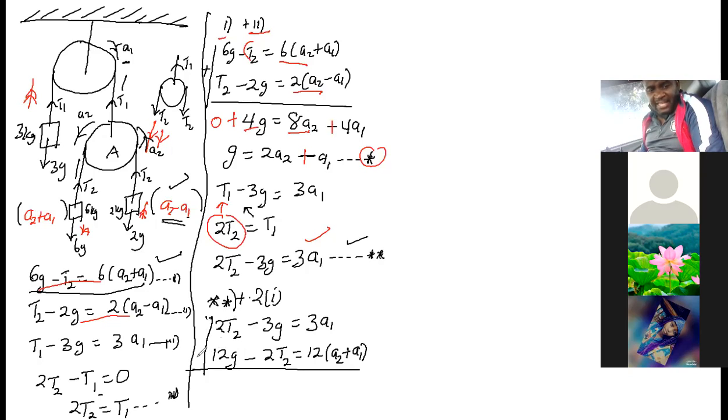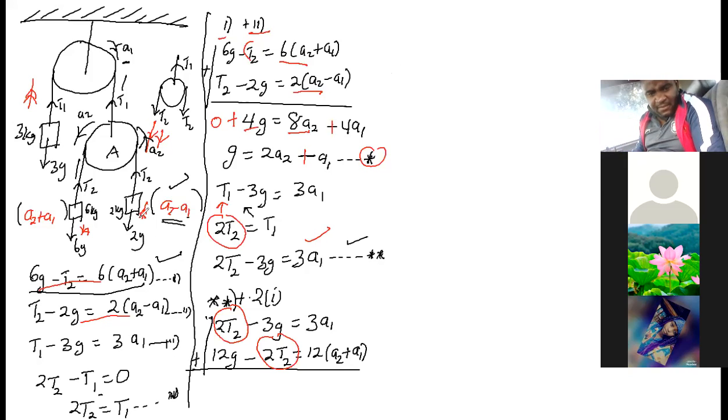Let us proceed by addition so that we eliminate 2T2. I want to eliminate this one and this one, which is a negative. That is why I'm adding, because in simultaneous equations, when you have different signs, we add to eliminate. When you have the same signs, we subtract to eliminate. Okay?